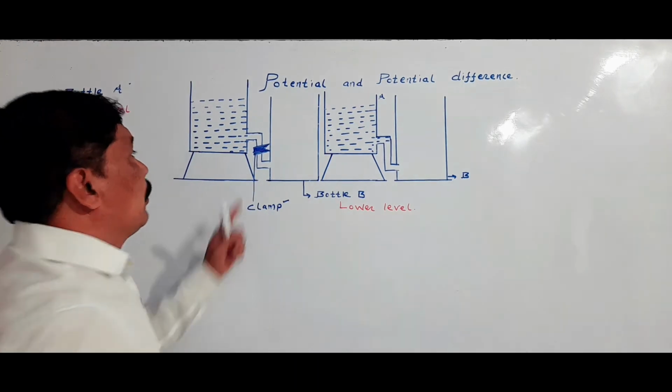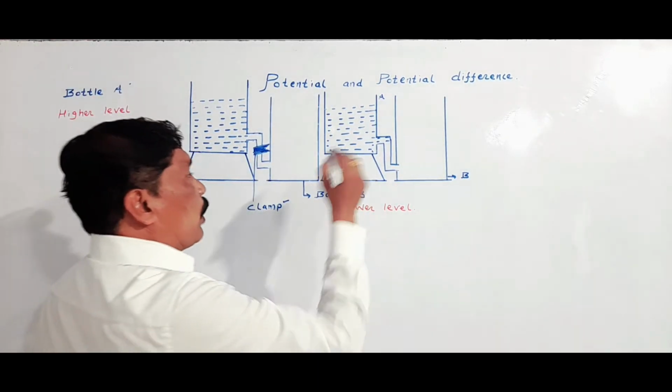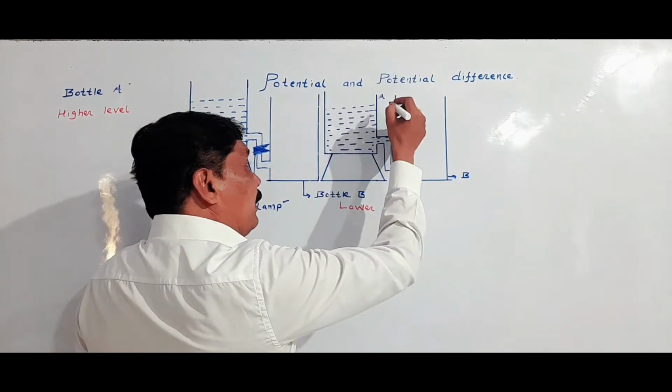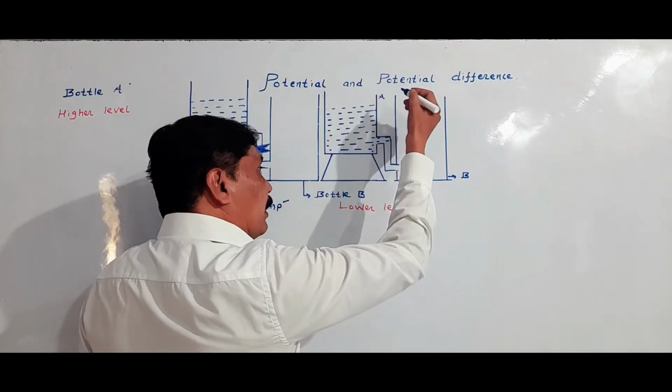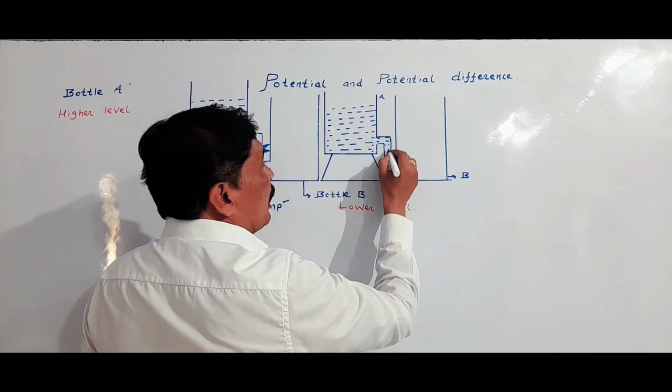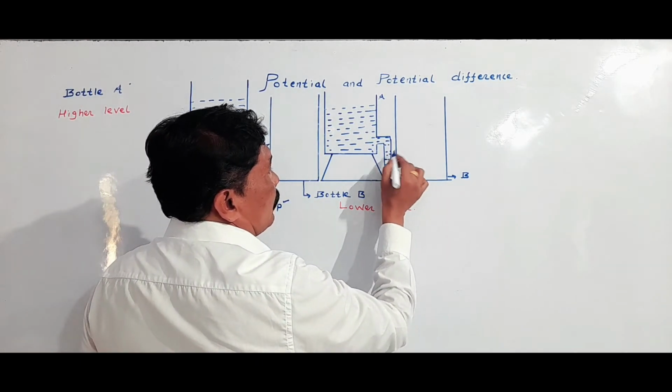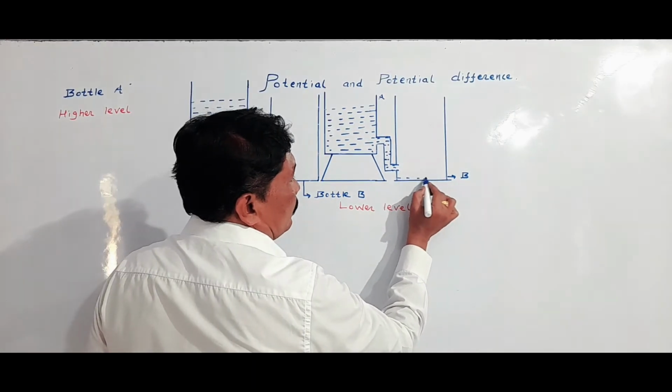My dear student, when the clamp is removed, the water starts flowing from the plastic bottle A, which is kept at a higher level, to the plastic bottle B, which is kept at lower level.